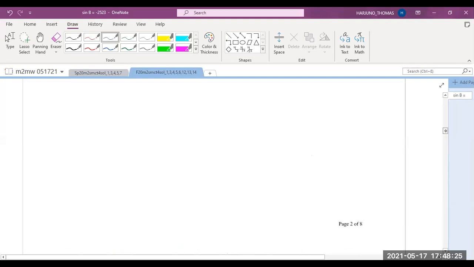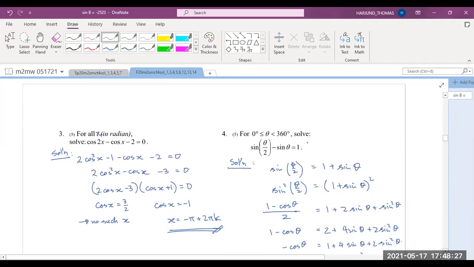The way I did this problem earlier, let me tell you how I got this first. In the past, I actually had this question originally: cosine theta over 2 minus cosine theta equals 1. That's what the original question is. And then I thought, if I change it to sine, it should work. When I look at this, I know pi, or 180 degrees, is one of the solutions, so it must have a nice solution.